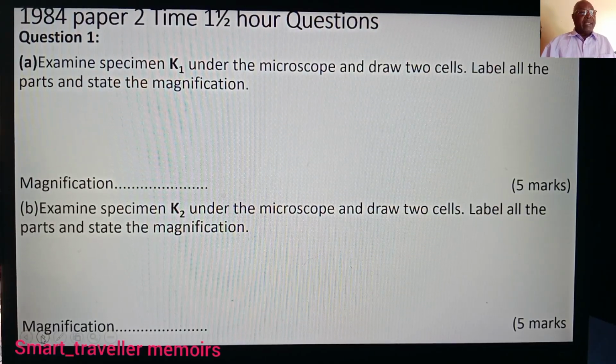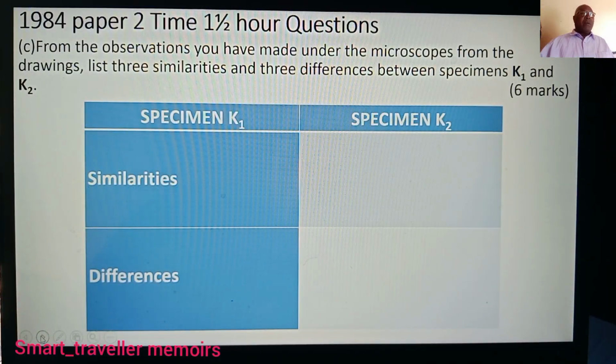Label all the parts and state the magnification. Part C, from the observations you have made under the microscopes, from the drawings, list 3 similarities and 3 differences between specimen K1 and K2.